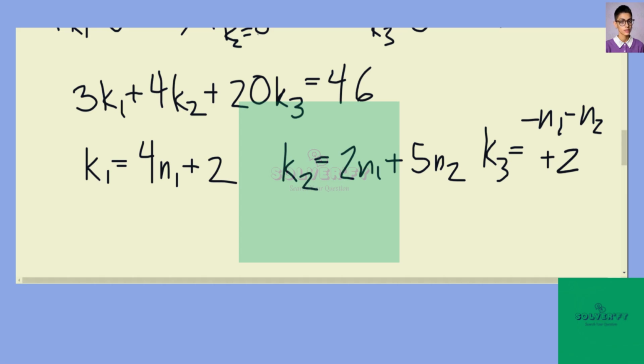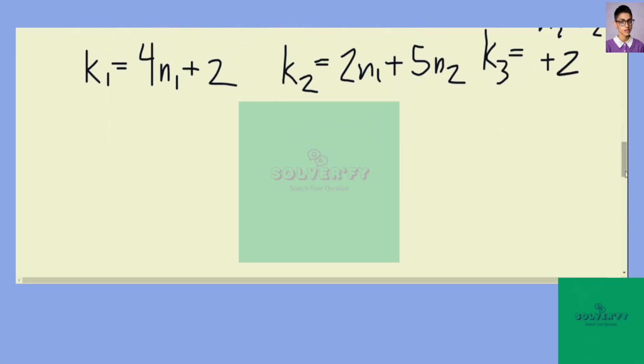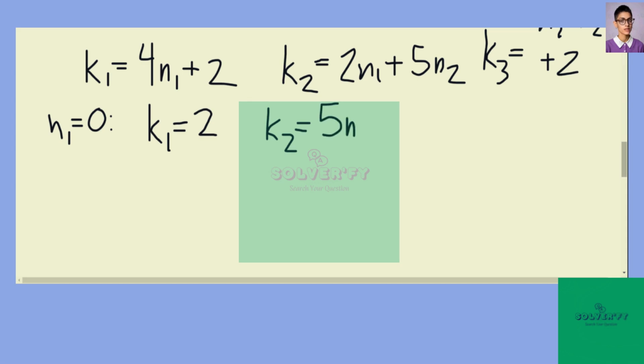Where n1 and n2 are integers, and so if we take n1 to be, what's the smallest that k1 can be? The smallest k1 can be is going to be 2. So if we take n1 to be equal to 0, then we have k1 is equal to 2, k2 is equal to 5n2, and k3 is equal to negative n2 plus 2.